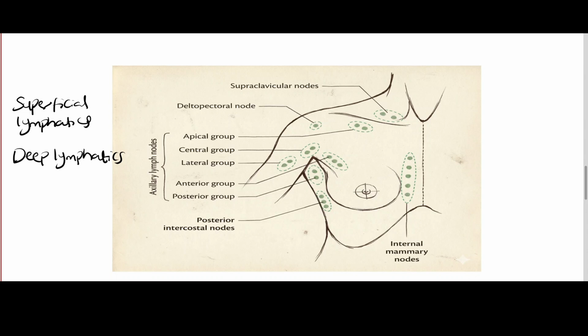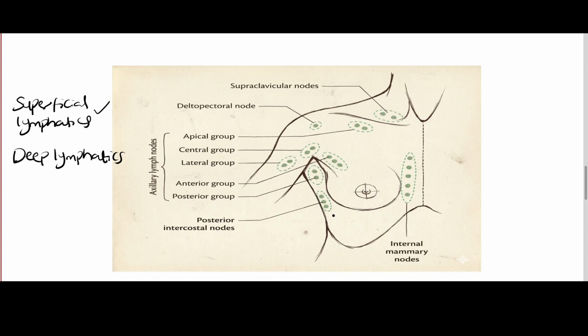The superficial lymphatics are simply lymphatic vessels that drain the skin of the breast except the nipple and the areola.